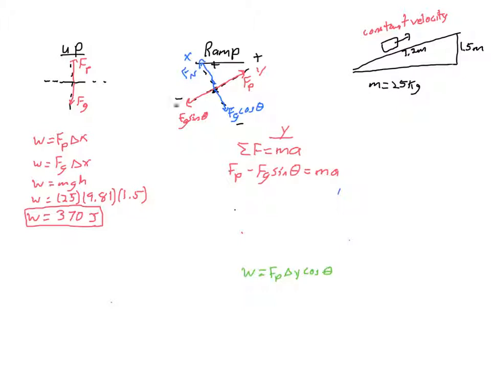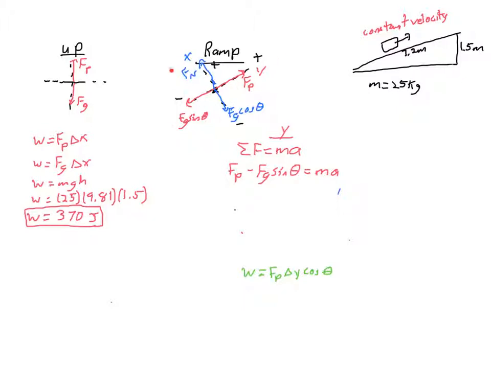So then I set up a free body diagram for this. I got force of push, by the way, we're doing it at constant velocity. You got force of push going up this way, force of gravity coming down this way, and of course, components: Fg sine theta always goes down the ramp, Fg cosine theta always goes into the ramp, opposite the normal force. I chose positives and negatives here, right? I chose down the ramp to be positive, and then I set up my equation, and all I'm dealing with right now is the y-axis. I don't even need the x-axis.